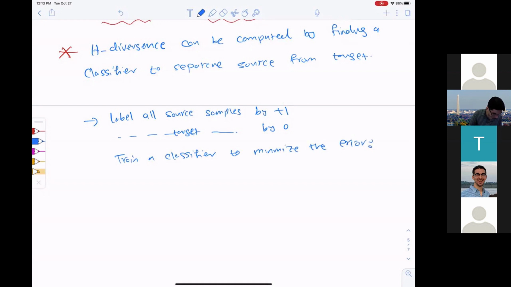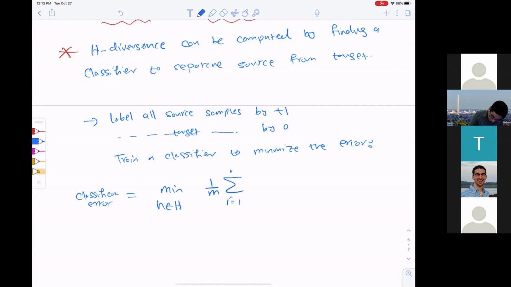What is the classification error in this case? I want to pick the best hypothesis in my hypothesis class, minimizing the classification error.